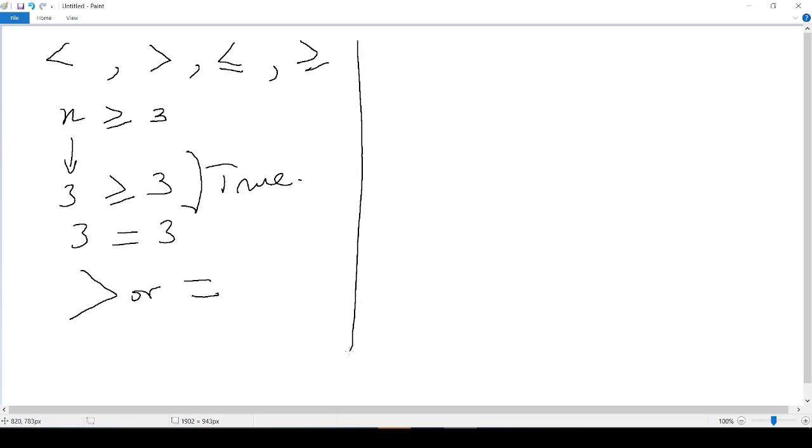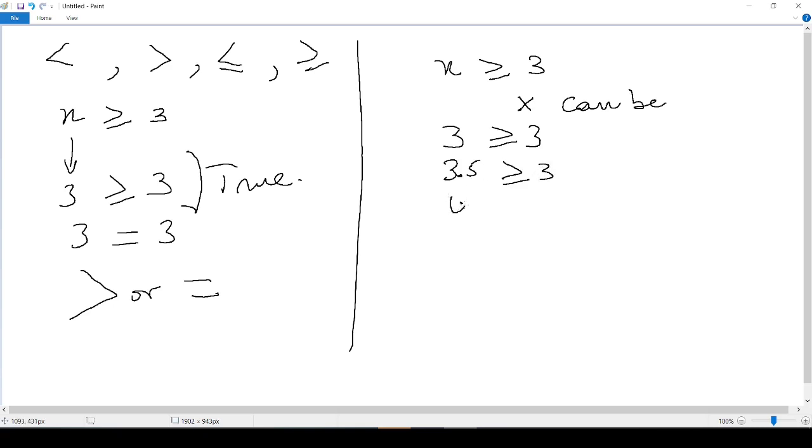Meaning any number greater than 3 is also a solution. For our inequality x greater or equal 3, x can be 3 and 3 is greater or equal 3, true. X can also be 3.5. 3.5 is a number and 3.5 is greater or equal 3. And we can have 4, which is part of the solution.